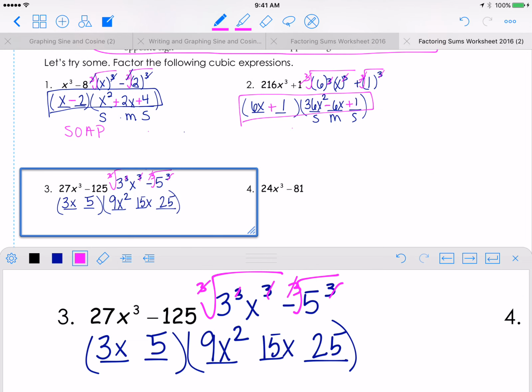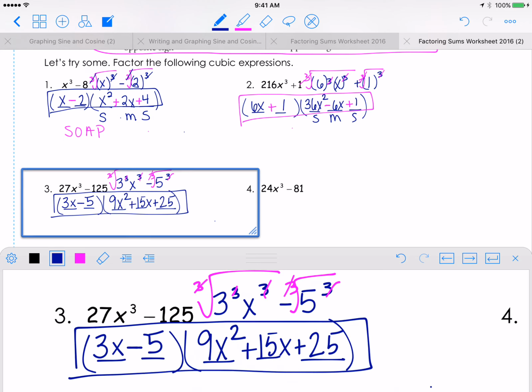And now we're going to SOAP. Same, same is going to be negative. Opposite would be positive. And then always positive. So here's our answer.